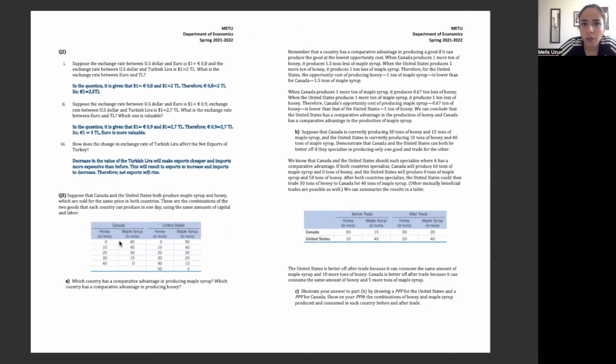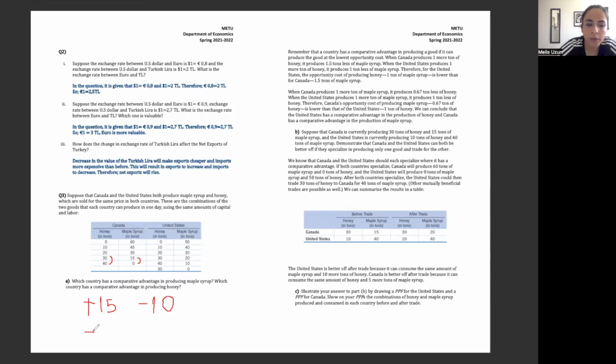Okay. So in order for Canada to produce 15 more maple syrup, it needs to give up 10 units of honey.